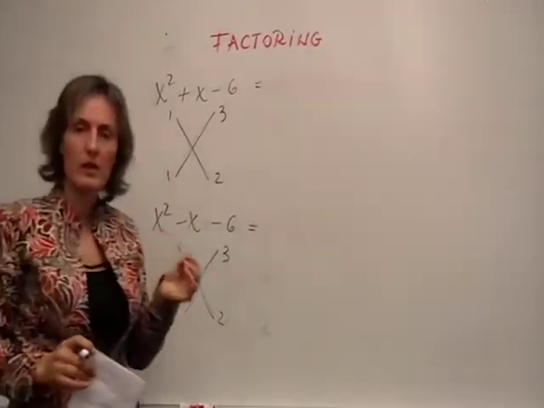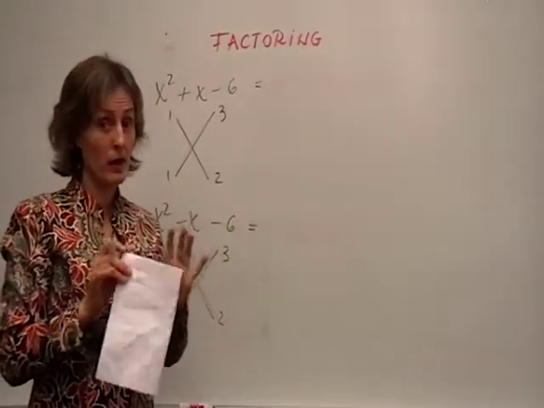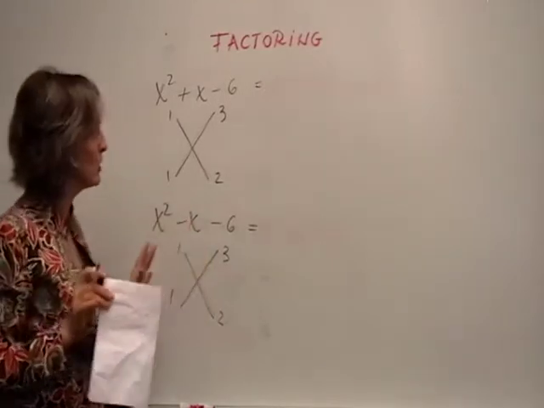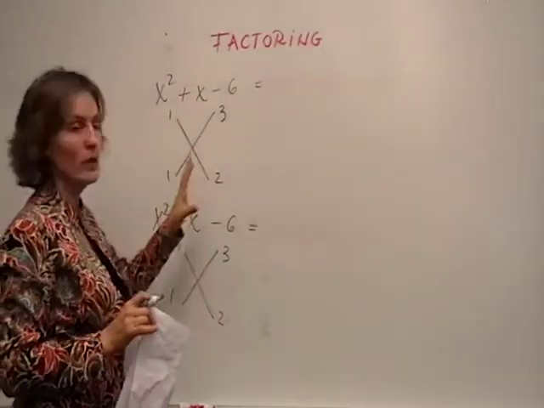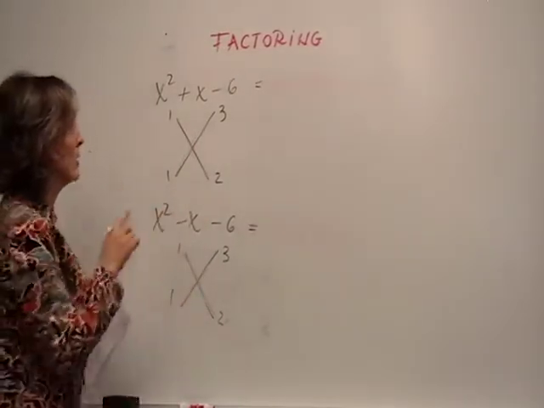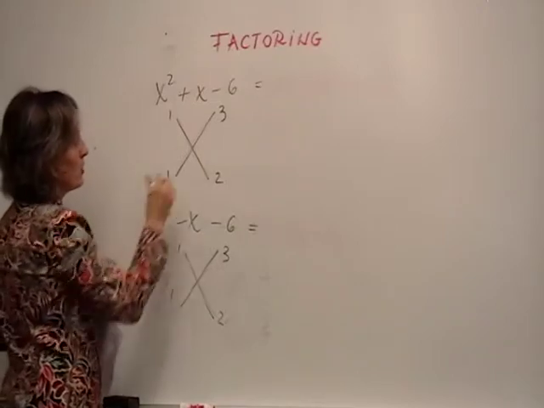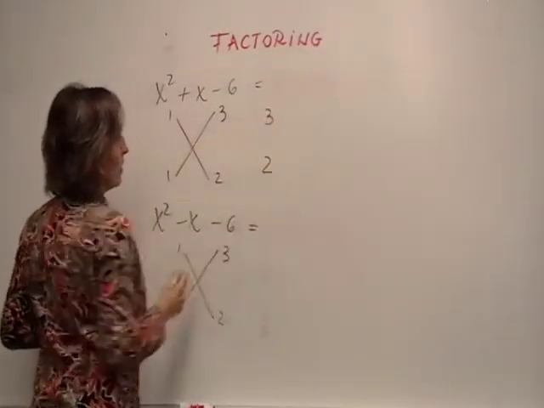The typical mistakes that students make in exams are the signs. They are not very sure how to choose a sign, and that's why I want to insist on understanding why we choose the factors that we choose, and not only the factors, but mainly the signs. So we multiply 3 times 1 is 3, and 2 times 1 is 2. Now let's see.